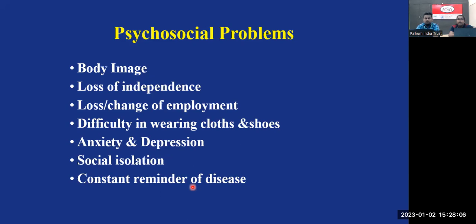Finally, she will be anxious or depressed, wondering why she is getting this kind of disease, and her problems will be worsening. Finally, the patients will go into depression and then social isolation. Society will not accept her; people say it is because of her sin, that God punished her like this.